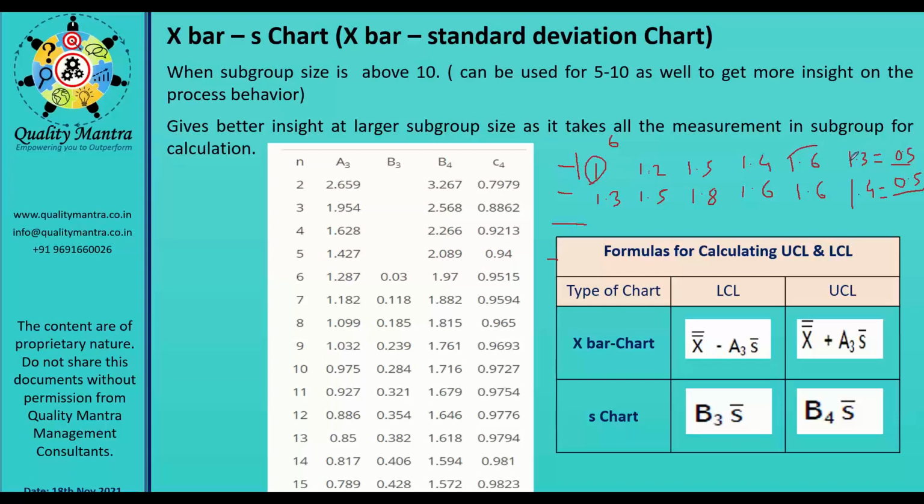Let us take 1.5 only, so you have taken the minimum and the maximum data, and here you have taken 1.3 and 1.8. Consider this as 1.5, then it will be 0.5. So here you are taking only 2 points into consideration. When you are making a range chart, you are only focusing on 2 points.